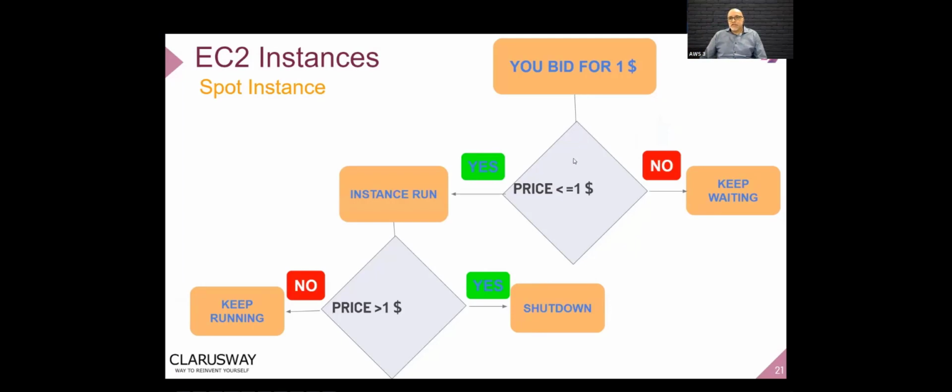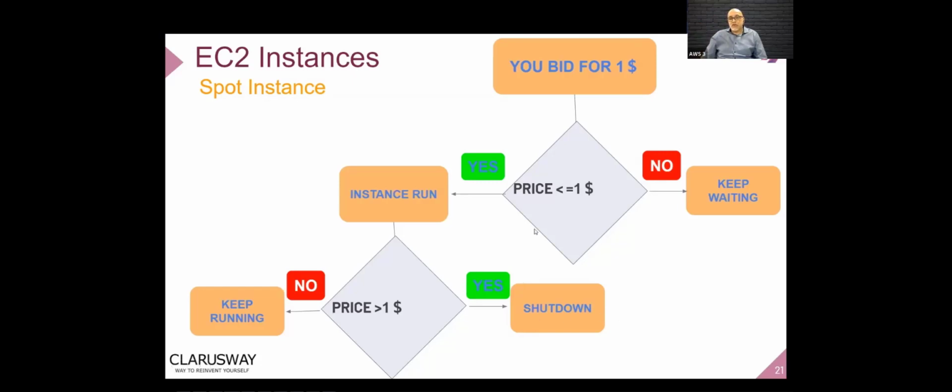As soon as the price goes below $1, your instance will run, and you've got your application running on there. But as soon as it goes over $1, it's going to shut down. So you could be in the middle of doing something, the price will go above $1 and it'll shut down. Now, there are a lot of different options and nuances to this, but in general, once the price goes above $1, it shuts down. Otherwise, it keeps running.